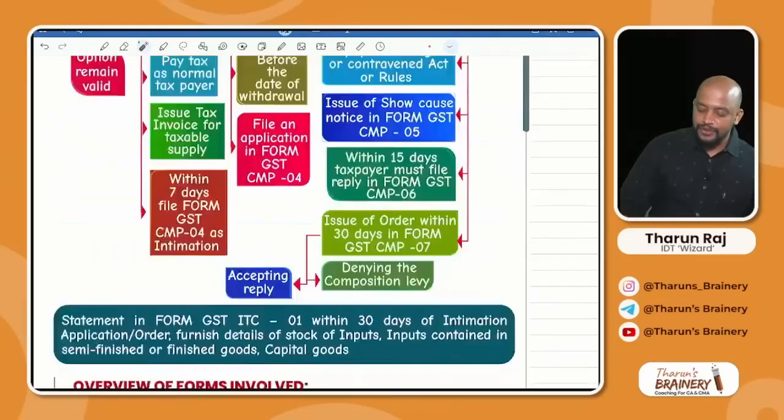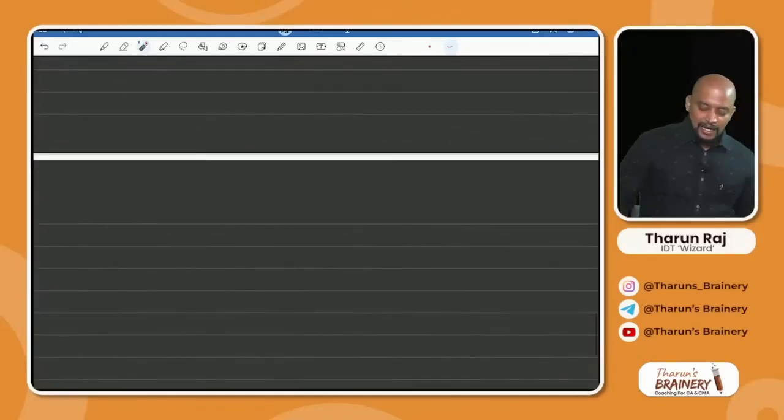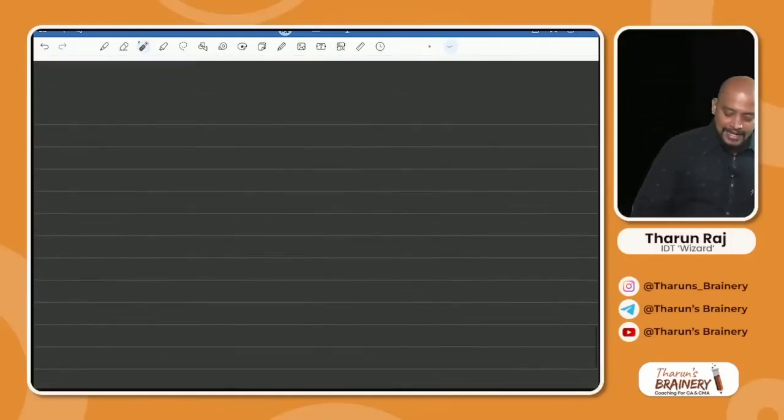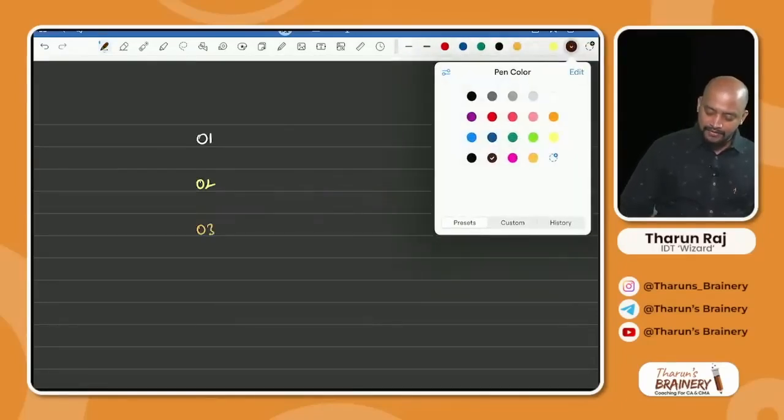Now, these 4 forms you need to remember. What are the 4 forms that we have here? Odd forms are ITC forms. So, say this: first we have 1, then 2, then 3, and thereafter we have 4.